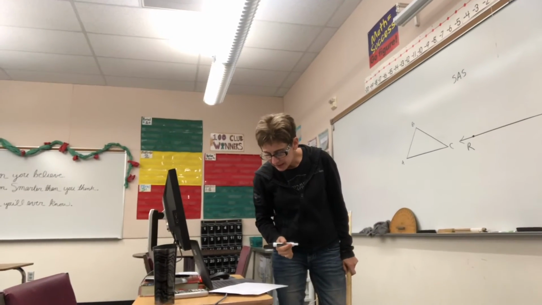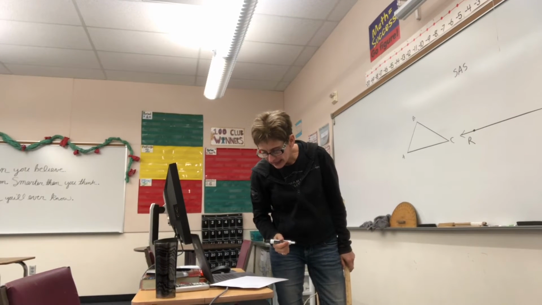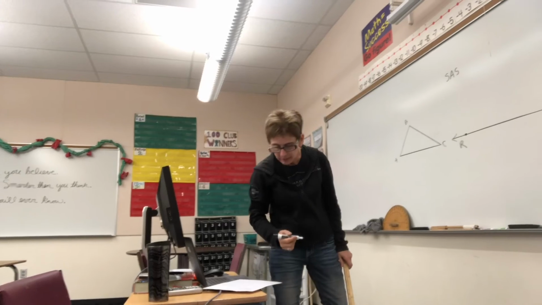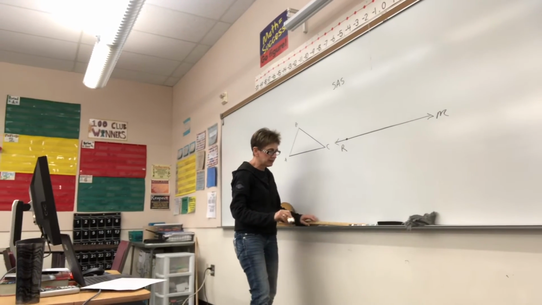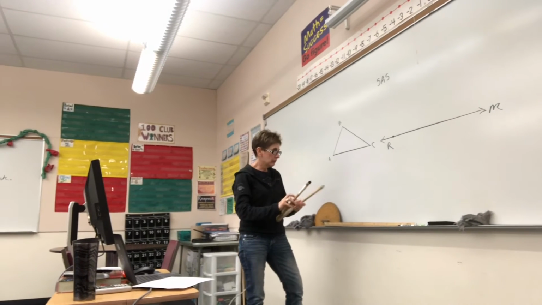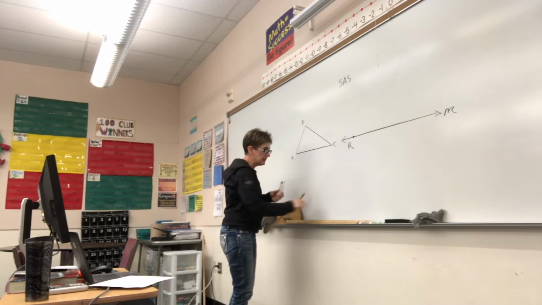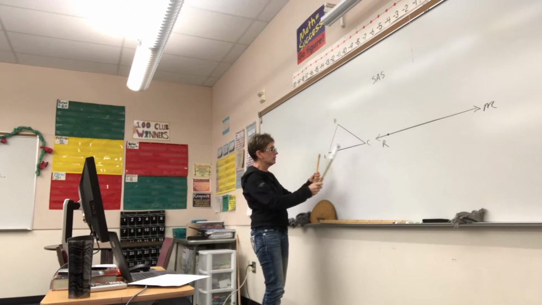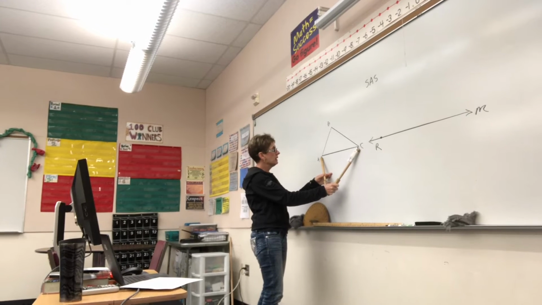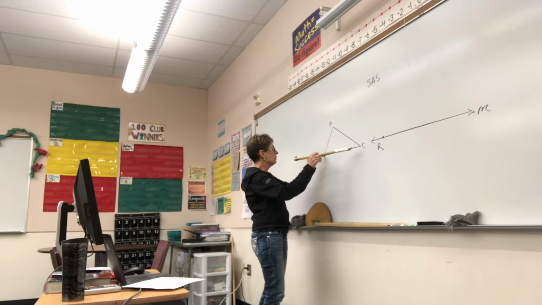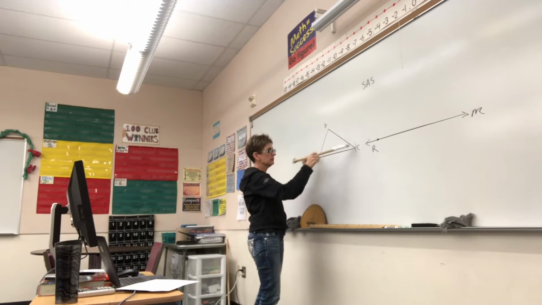Step 3 is to construct RT congruent to AC on line M. What that means is they want us to take our compass and measure how long it is from A to C and then copy that length on line M. So you need to open up your compass, put the tip on A, and measure to show that you've put an arc here to show that you've made that measurement.